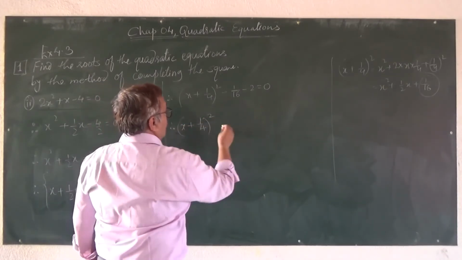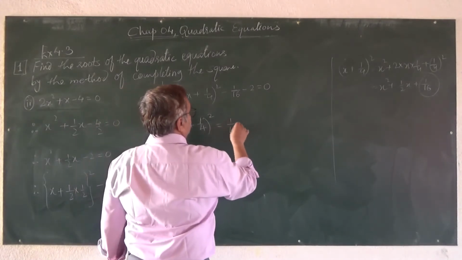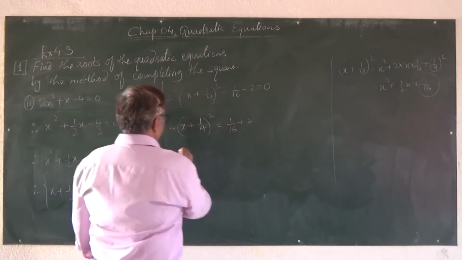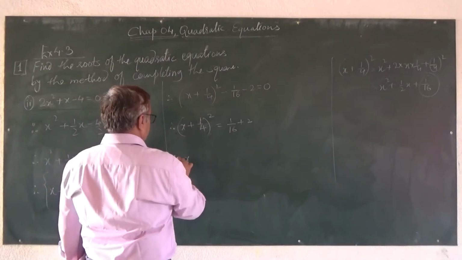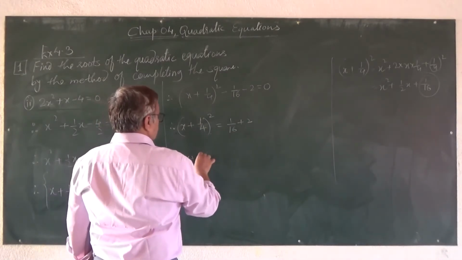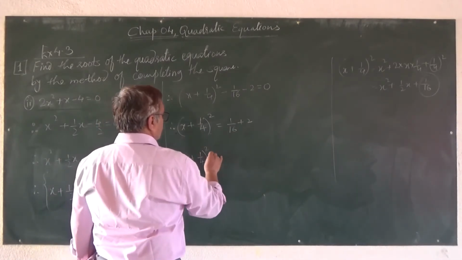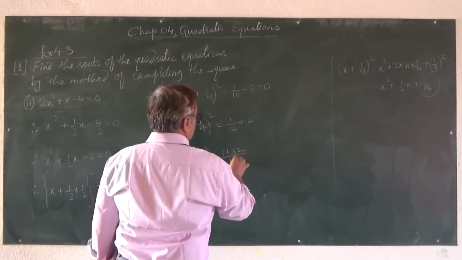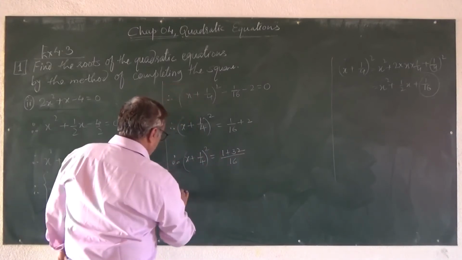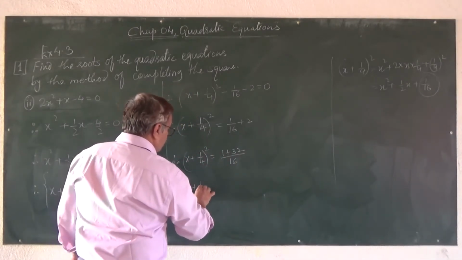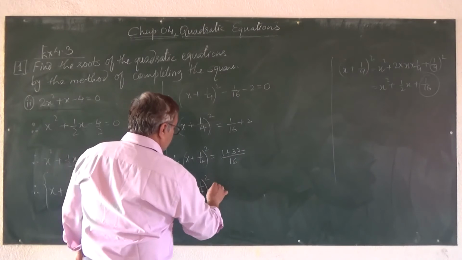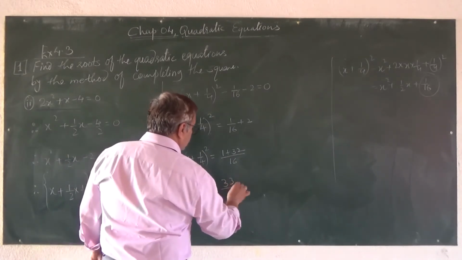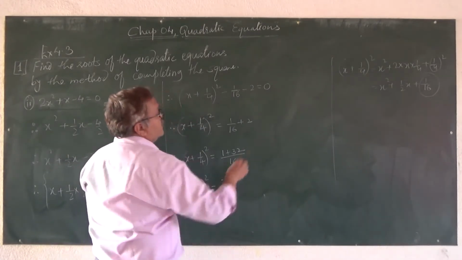Now take all that side, so 1/16 plus 2, okay, so therefore x plus 1/4 the whole square is equal to 1/16 plus 32/16, so we got here x plus 1/4 whole square is equal to 33/16.